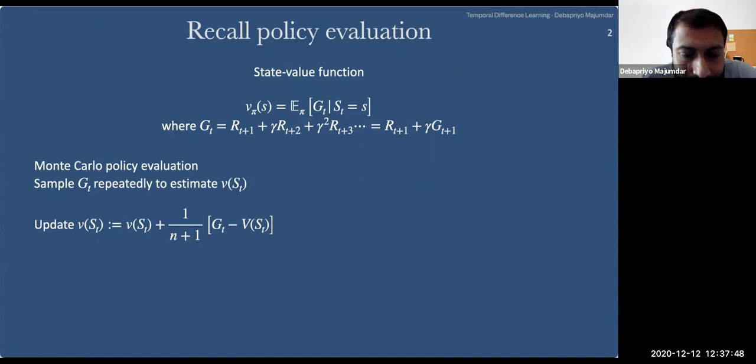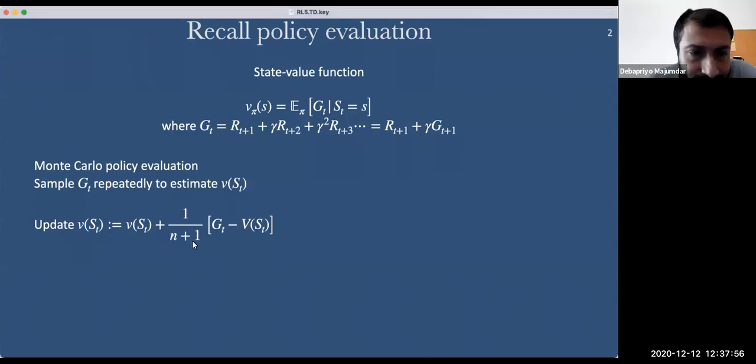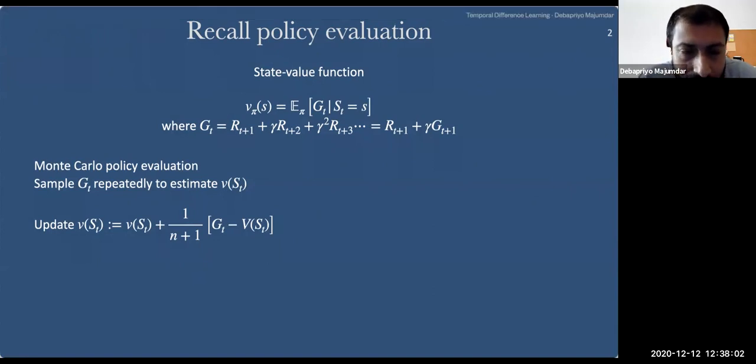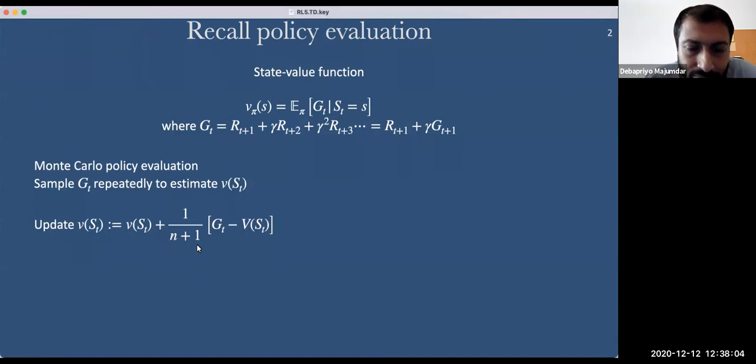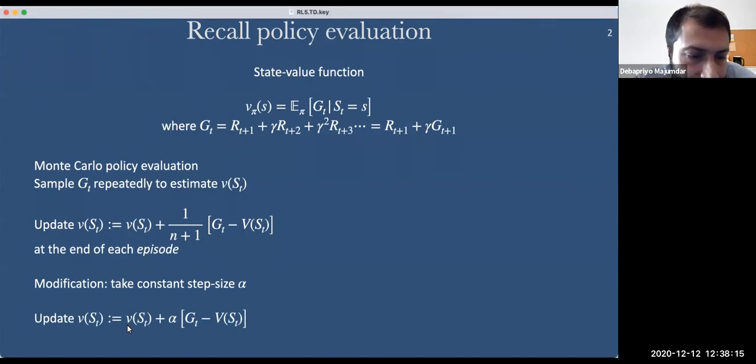When we discussed Markov decision processes, we discussed that this step size can be changed into a constant one. In fact, we discussed that in the bandit problem. So we can take the step size equal to alpha and make the update rule V(St) equals V(St) plus alpha times the new sample's return minus the expected return so far.